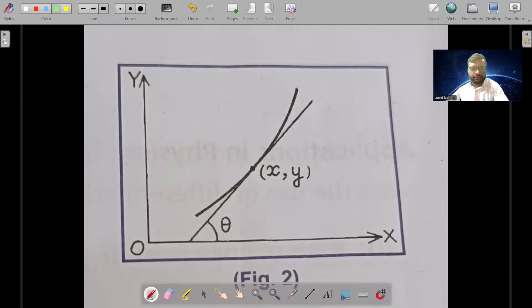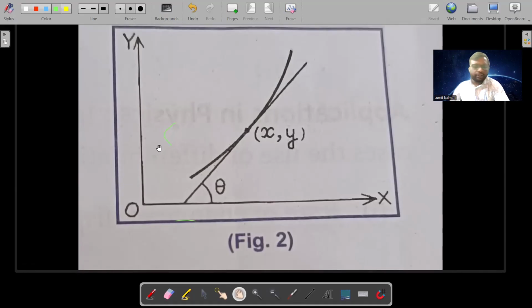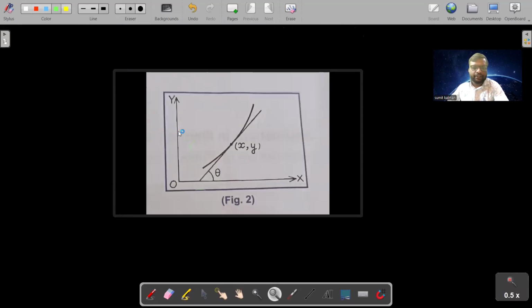See this. Now students, geometrically, we will talk about the significance of dy upon dx.